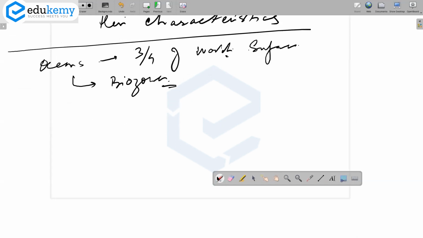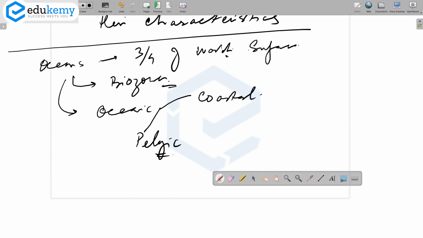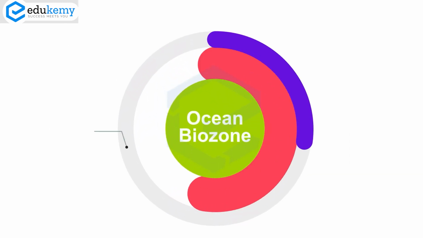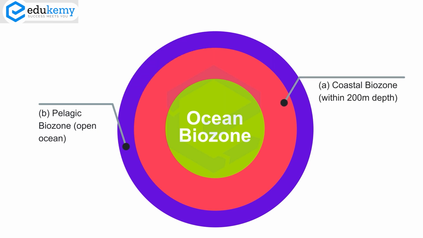Ocean biozones broadly can be divided into two parts: coastal biozones and pelagic biozones. The coastal biozone is the coastal part, within 200 meters depth, and pelagic biozones are the open oceans.